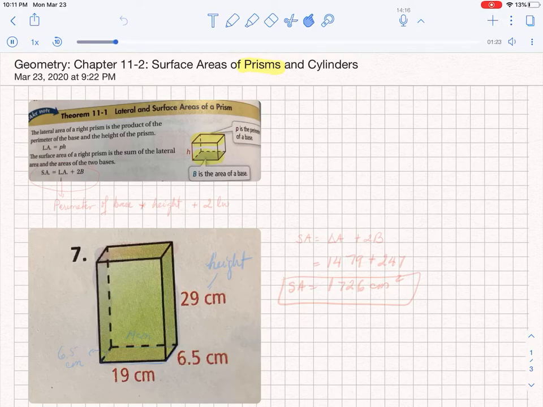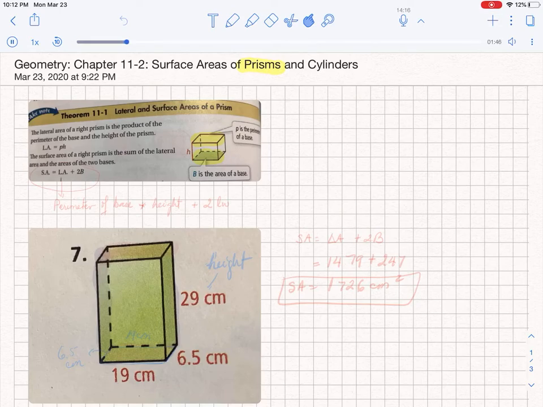If the figure has triangle bases, you're going to call it a triangular prism. If you have a shape that has two pentagons as the bases, you're going to call it a pentagonal prism. Let's take one example.